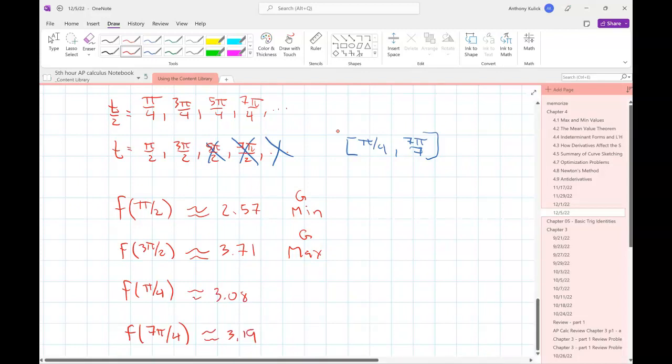I'll write those down anyways. So those guys are just regular old maxes or local maxes and mins, but we don't care about which one is which. Does that feel okay? So the trig was kind of rough there at points, but all right.